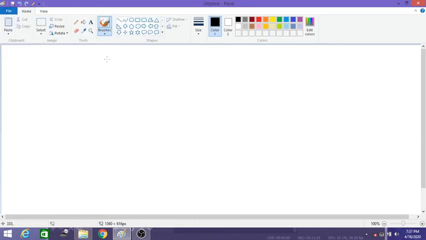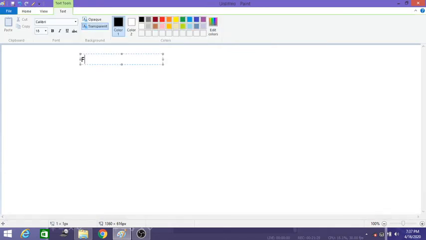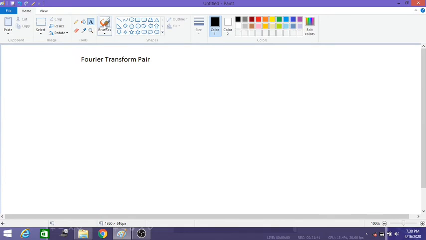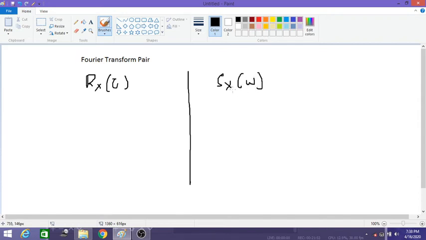So the Fourier transform pair goes like this: we have Rx of tau on the left side, and we have Sx of omega on the other side.